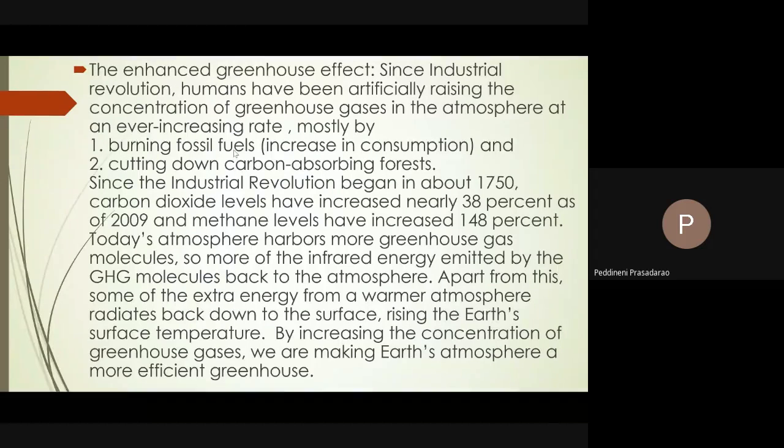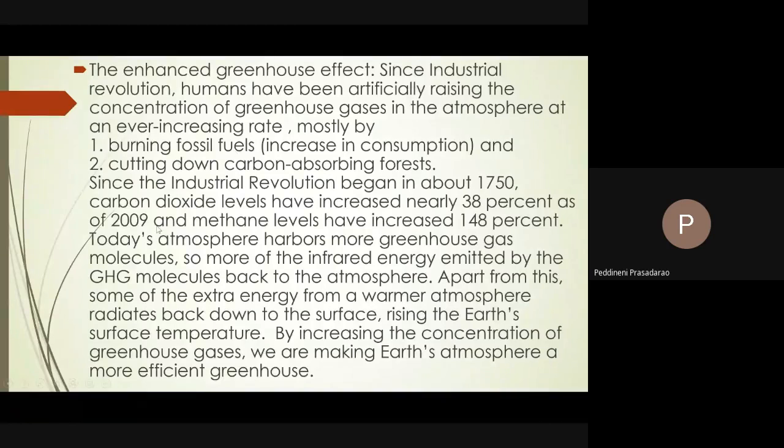On one hand you are producing more greenhouse gases, and on the other hand you are reducing the green cover, which is supposed to absorb them. So these two processes started increasing the concentration of greenhouse gases in the lower atmosphere.